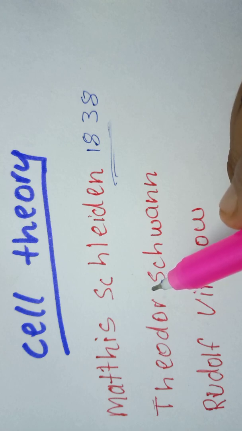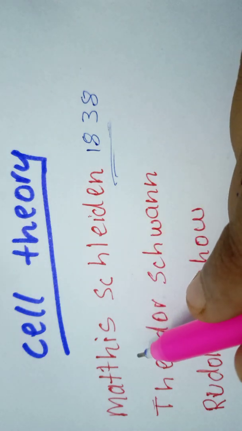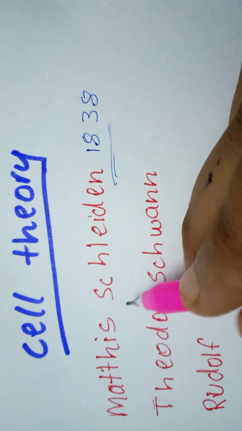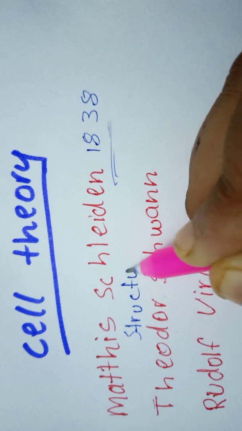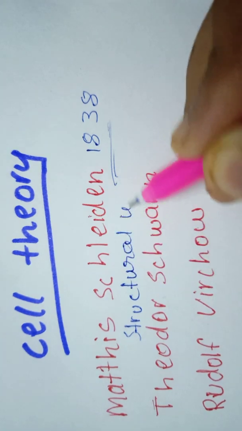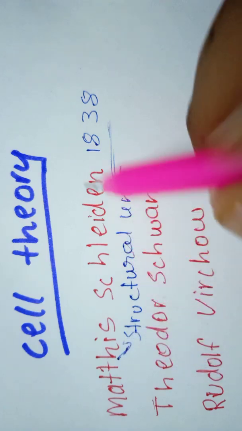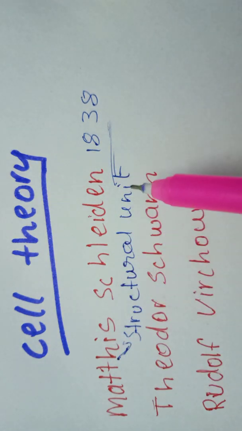Each cell performs various life processes, he said. All living beings are made up of cells. He said that the cell is a structural unit. Who? Matthias Schleiden, in 1838, said structural unit.